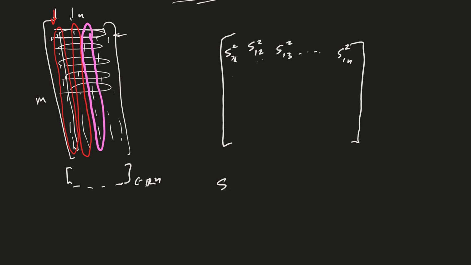By the way, is S12 squared the same thing as S21 squared? Yes, right, because of the definition of the covariance. Remember that if this is x and y, this would be x minus x bar, times y minus y bar.